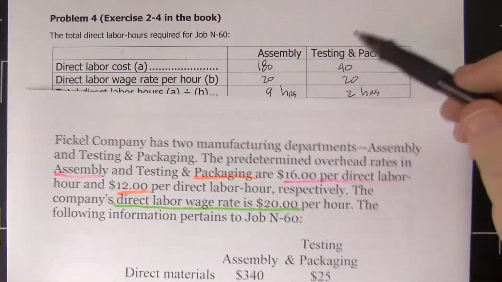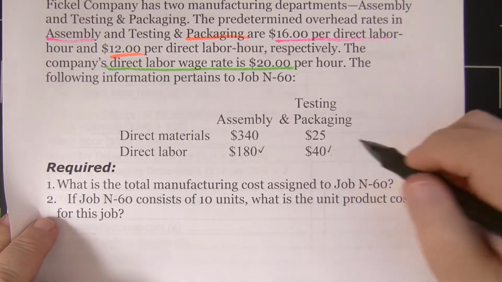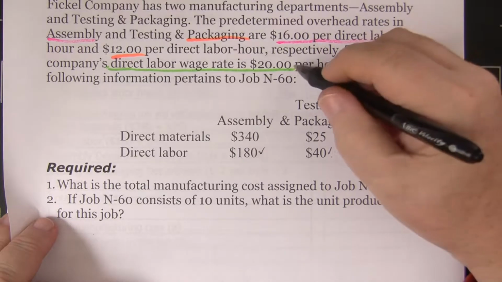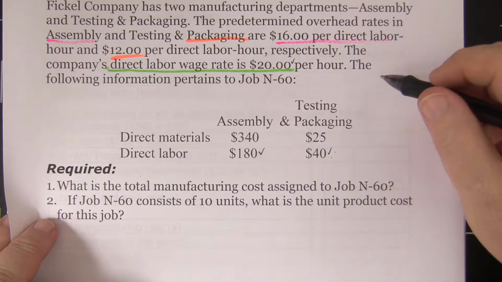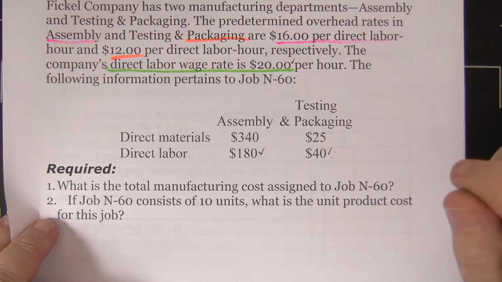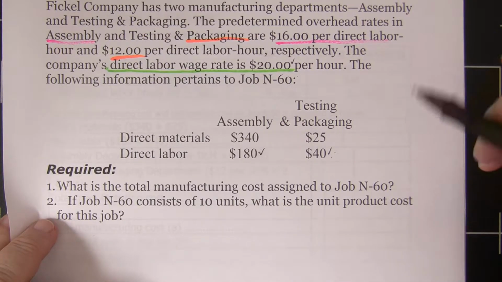So we just had to take the numbers they gave us and divide by the 20 to see how many hours of each were used, because they used labor hours to compute overhead.